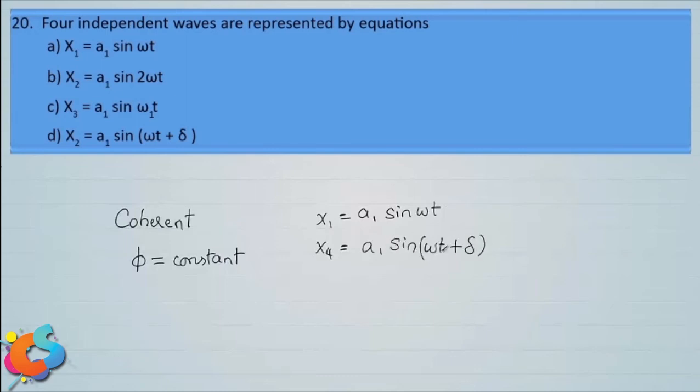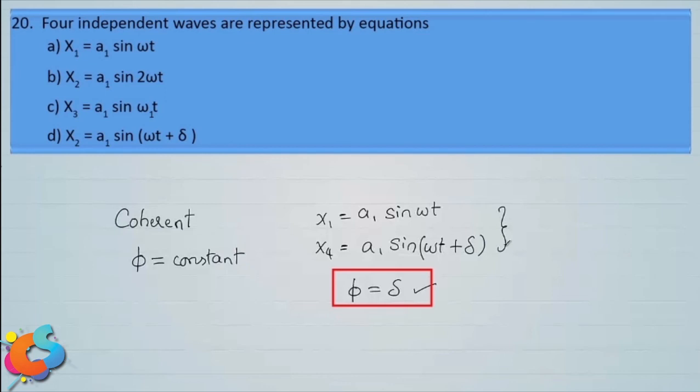Have a look at these two equations. They have the same amplitude, which is not a necessary condition to obtain a well-sustained interference pattern. However, the phase difference between these two is delta, which is a must condition. Along with this, one more important advantage is that the angular frequency of the two individual waves is omega and omega, which means that the two sources have the same frequency.